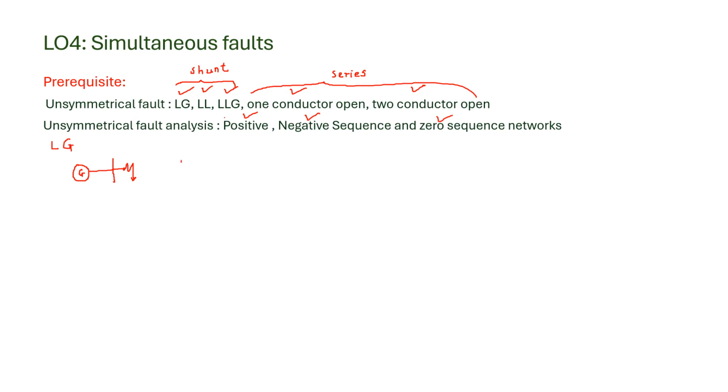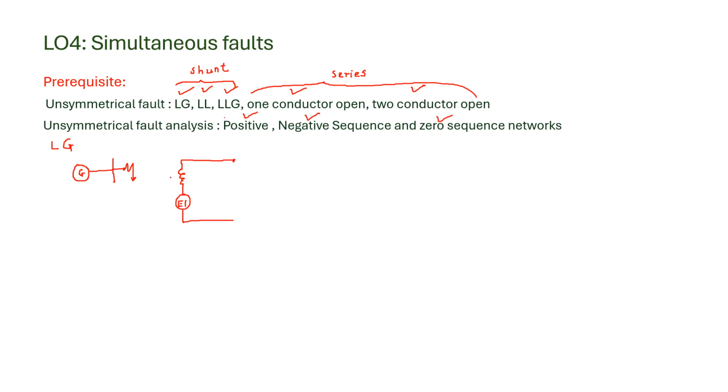Now for positive sequence, we will have a reactance. This reactance may be either transient reactance or subtransient reactance depending on the requirement, and we will have the voltage behind transient reactance or subtransient reactance.